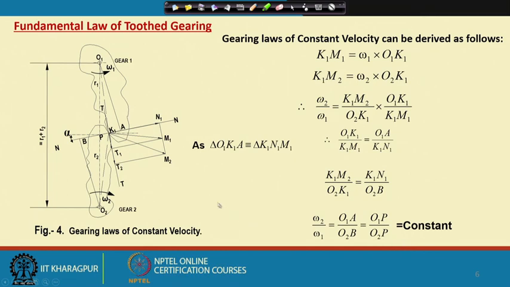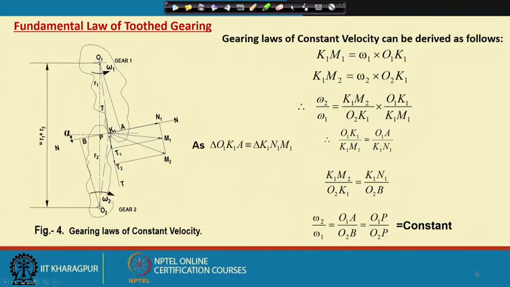Now, here interestingly, we can look into this as this velocity vector has a common projection K1 N1, and this one also has a common projection K1 N1. That is why the velocity remains constant.